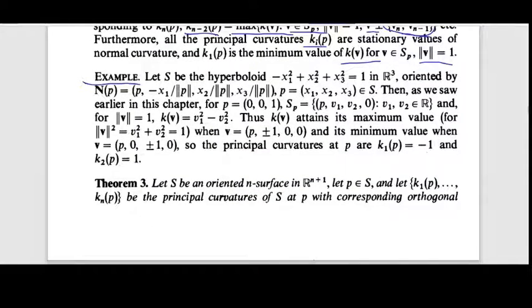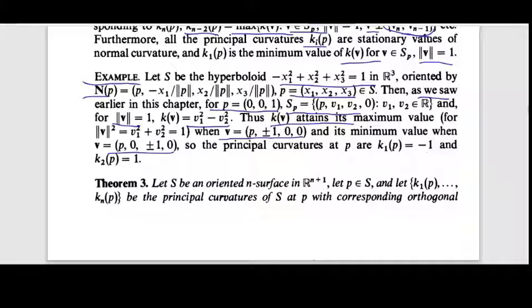Now consider this example. Let S be the hyperboloid -x1² + x2² + x3² = 1 in R³, oriented by N(p), with p = (x1, x2, x3) in S. We have already seen in previous chapters that for p = (0,0,1), S_p is the set of (v1, v2, 0) where v1, v2 belong to R, and for norm v equal to 1, k(v) = v1² - v2². This k(v) attains its maximum value, for v1² + v2² = 1, when v = (±1, 0, 0), and its minimum value when v = (0, ±1, 0).